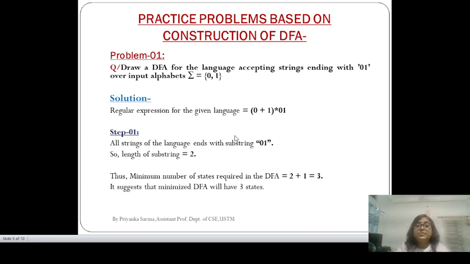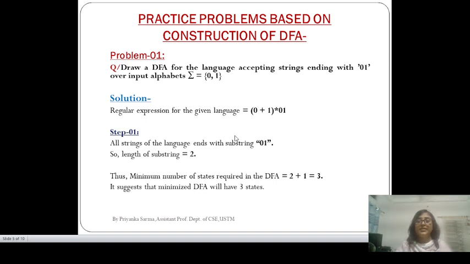Now let's move to the practice problem based on the construction of DFA, type 1 problem. Problem number 1: the question is, draw a DFA for the language accepting strings ending with 01 over input alphabet 0, 1.